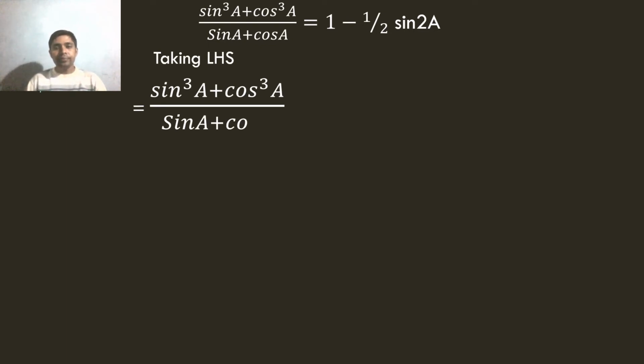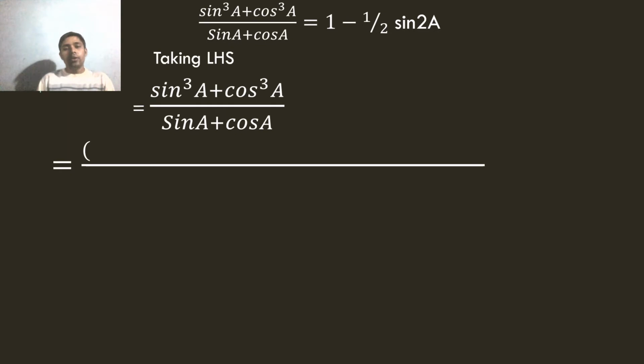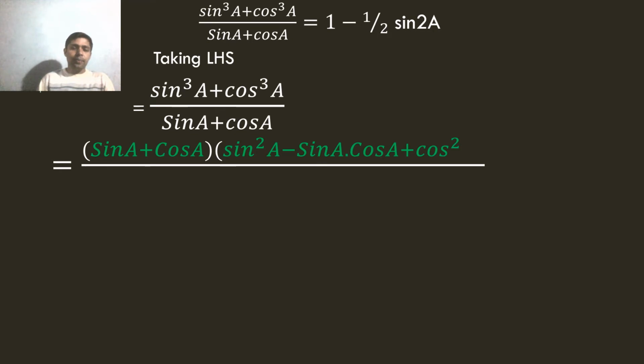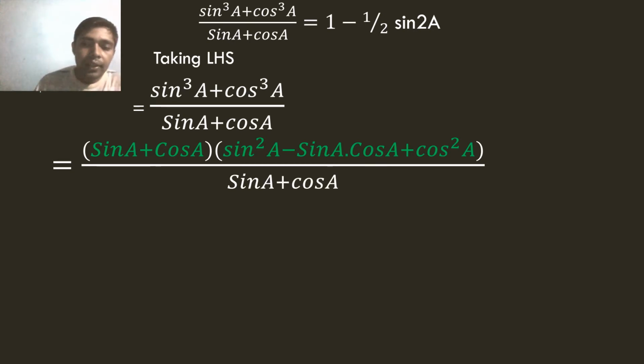Now we'll apply the formula for a cube plus b cube. With a as sin A and b as cos A, it is (sin A plus cos A) times (a square, that is sin²A, minus ab, that is sin A dot cos A, plus b square, that is cos²A). In the denominator we keep sin A plus cos A as it is, and this sin A plus cos A will cancel out.